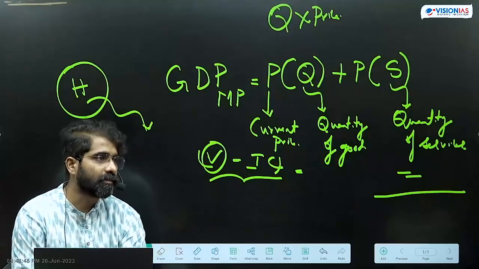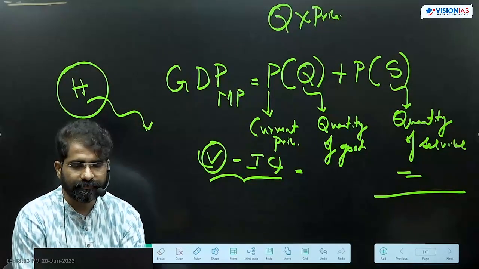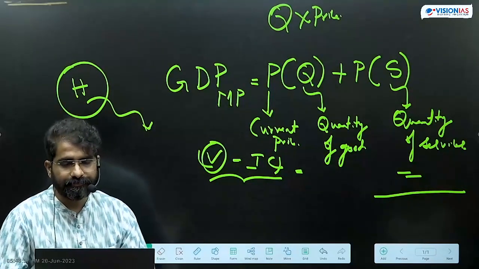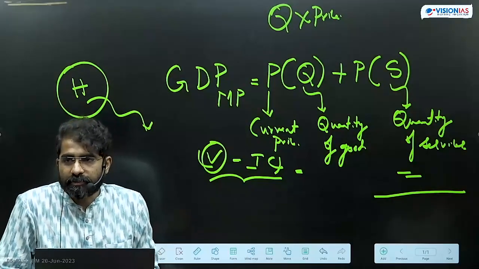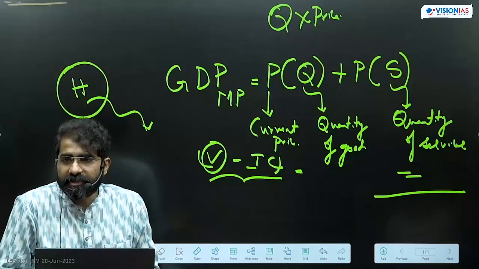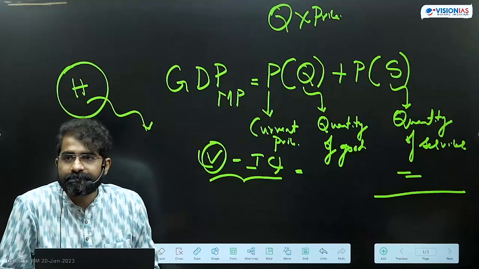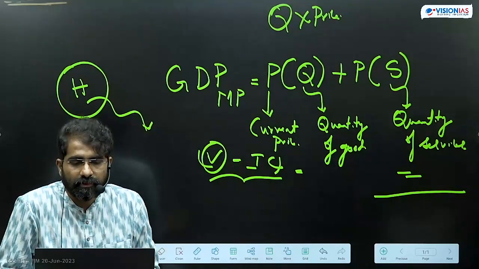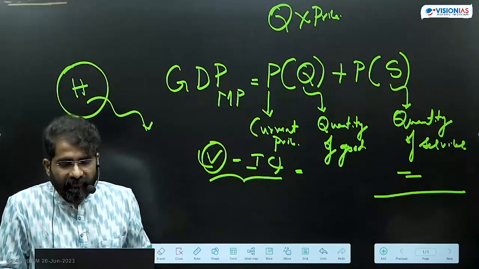Clear? Next one, items excluded. Put the heading items excluded. One, sale and purchase of second hand goods, not included. Two, sale of bonds by a company.